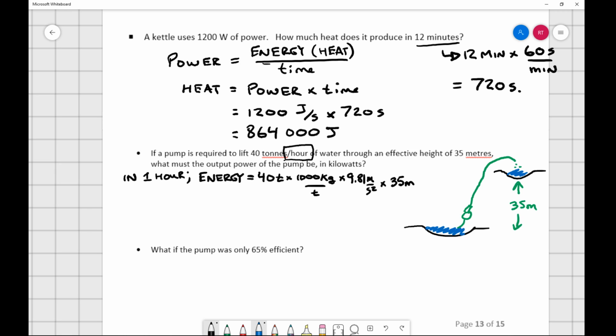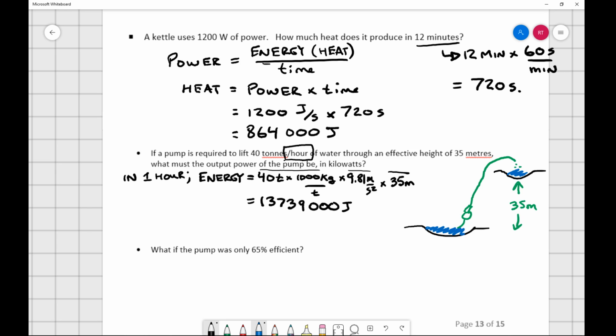Just like we did before, we have mass, gravity, and height, and that gives us an energy. If we calculate that out, we get a whole lot of energy: 13,739,000 joules of energy.